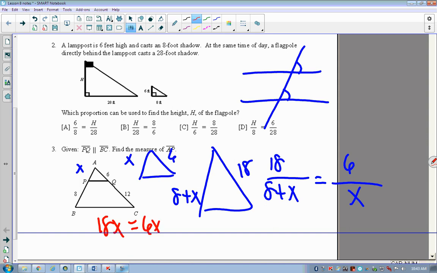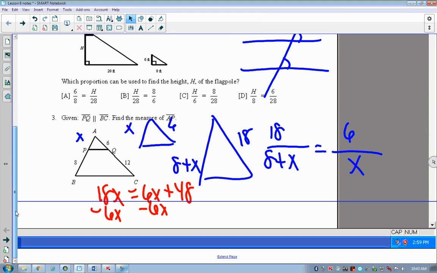6x plus 48. Okay? What's next? Okay, subtracting 6x. Okay, 12x equals what? 4?